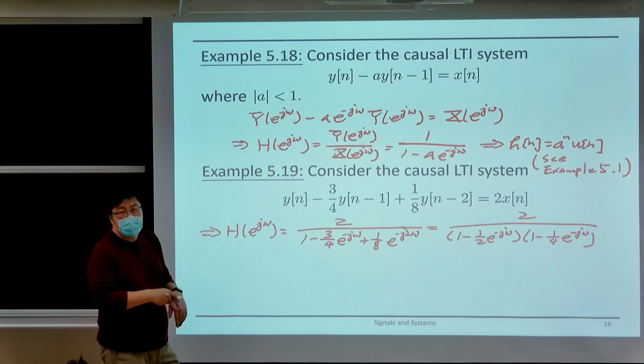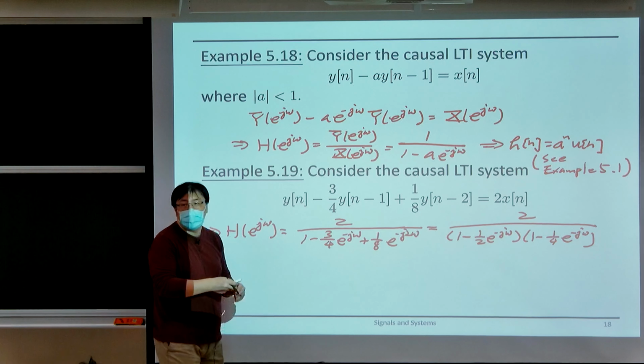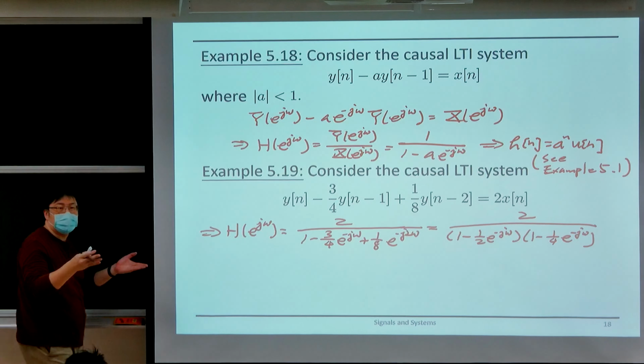The advantage of writing it like this is that we can use the partial fraction expansion to write this as the summation of two terms. By partial fraction expansion, you get 4 over 1 minus 1/2 e to the minus j omega plus minus 2 over 1 minus 1 over 4 e to the minus j omega.